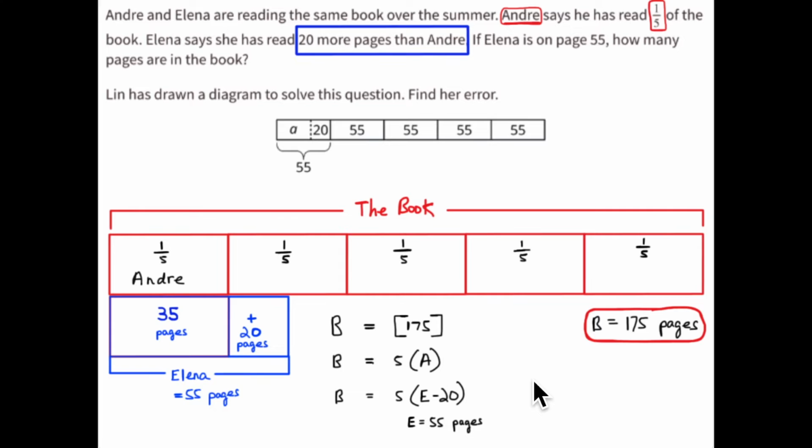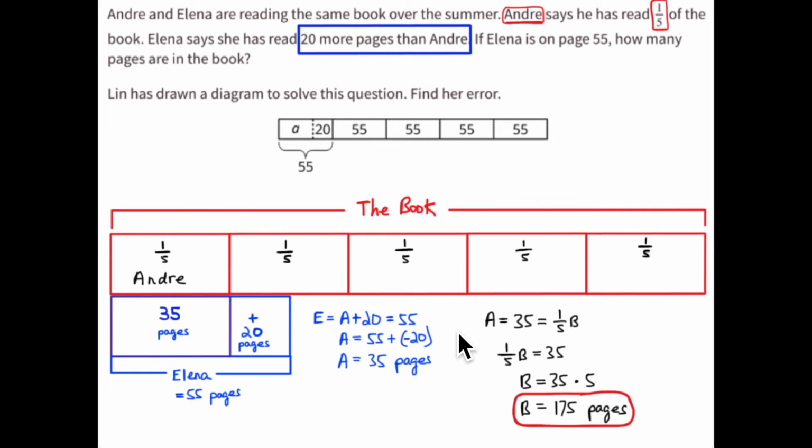So if the problem gives us 55 pages for Elena, which it does in this case, we can solve that for the number of pages in the book. Andre is 20 pages less than 55, so that's the 35 pages over here, and the book is 5 times that 35 pages, which equals 175 pages.